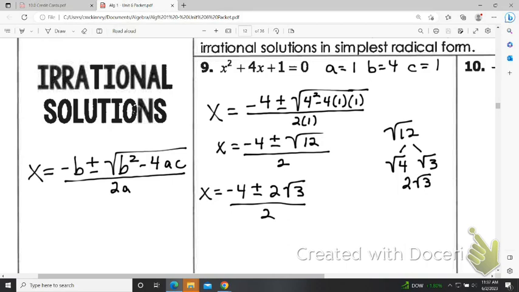In this case, if those things can all be reduced, we need to simplify. And in this case, the 2 in the bottom divides equally into both of these, so I need to do that to finish. So negative 4 divided by 2 is negative 2. 2 divided by 2 is just 1.